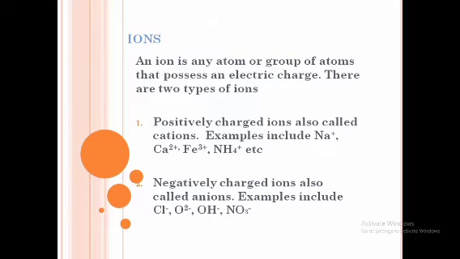And next we have the negatively charged ions, which are also called anions. Examples include chloride ion, oxide ion, hydroxide ion, and trioxonitrate(V) ion.